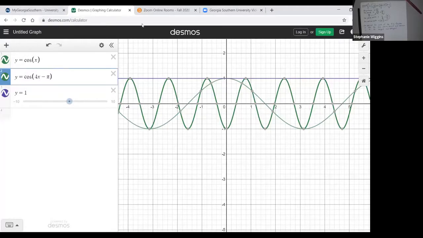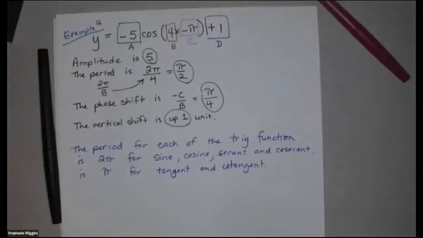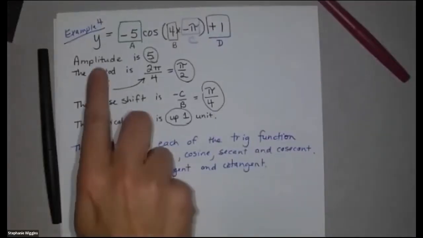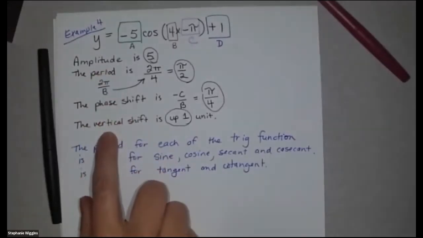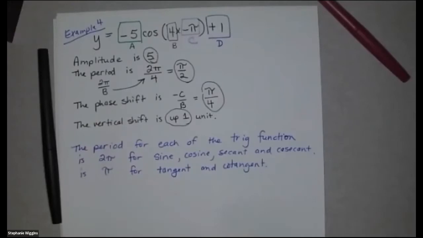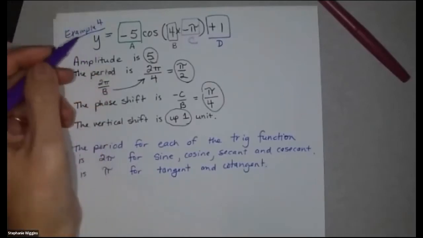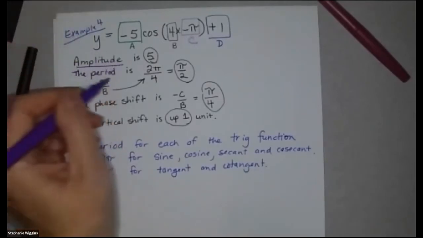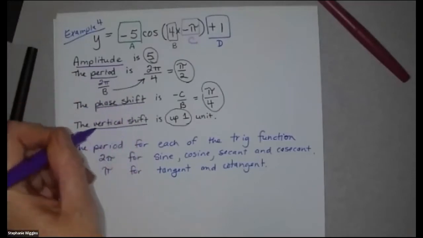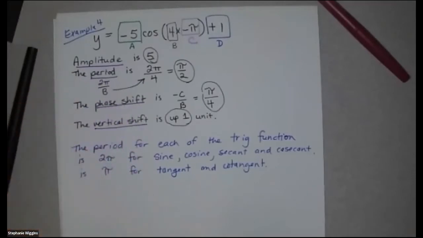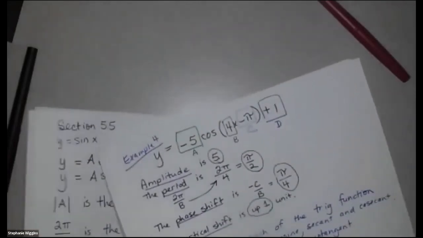But for the purpose of the test, what I want you to focus on is knowing how to find the amplitude, the period, the phase shift, and the vertical shift. Those are the things that you should know for the exam, at the midterm exam. Amplitude, period, phase shift, vertical shift. So you want to go back to these rules here that I showed you earlier.